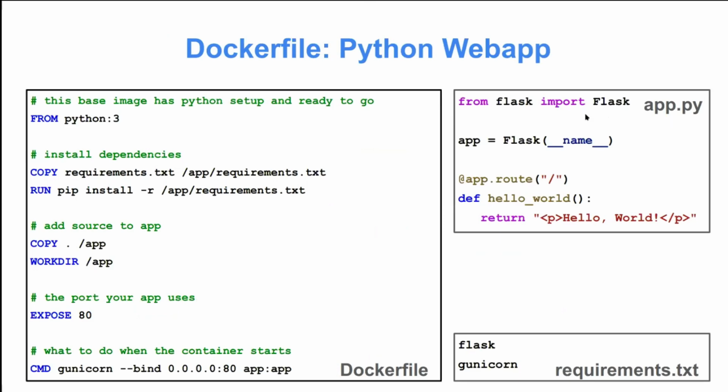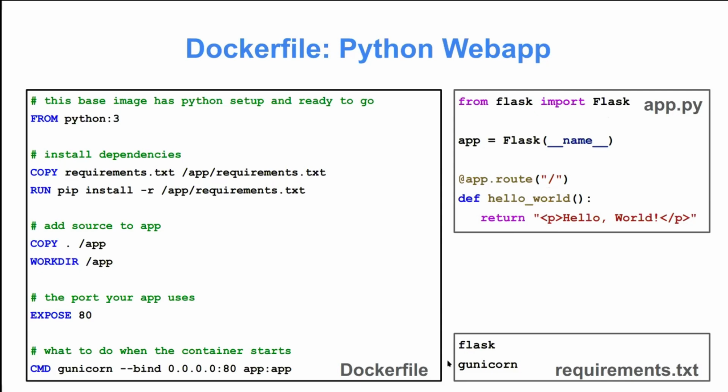You would import Flask, and then you can route from slash to this function, and we'll just return hello world in the function. And Flask has a lot more docs behind it, but this would be the hello world of Flask.